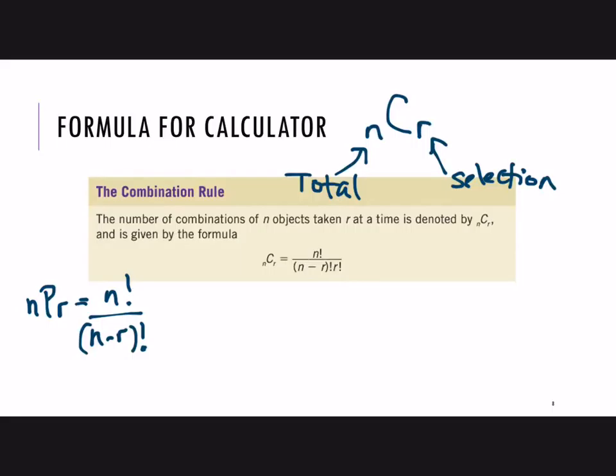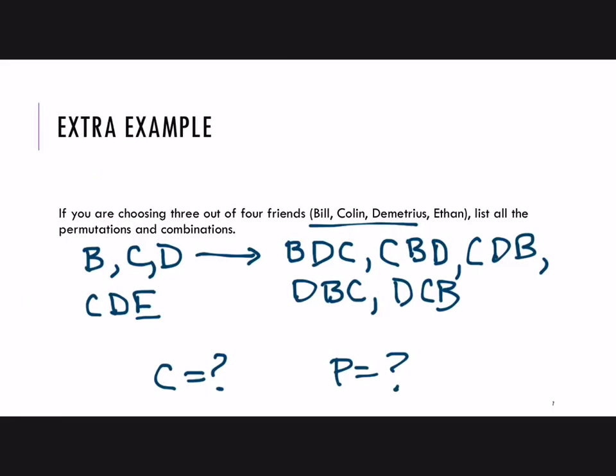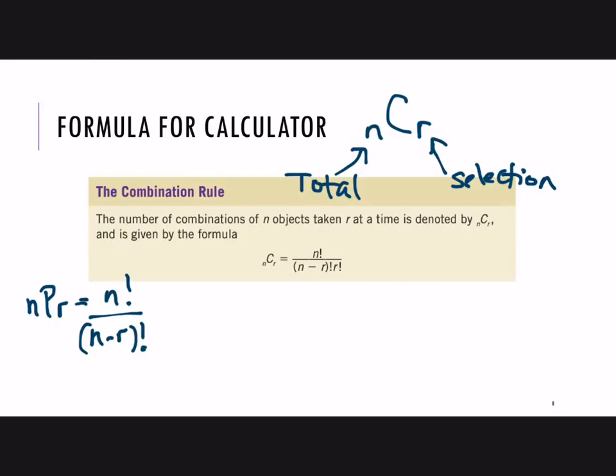If you think back to when we did permutations of like objects, it's similar to that. So let's say in the previous example, you have Bill, Colin, and Demetrius. If we're just looking at combinations, this represents one combination.